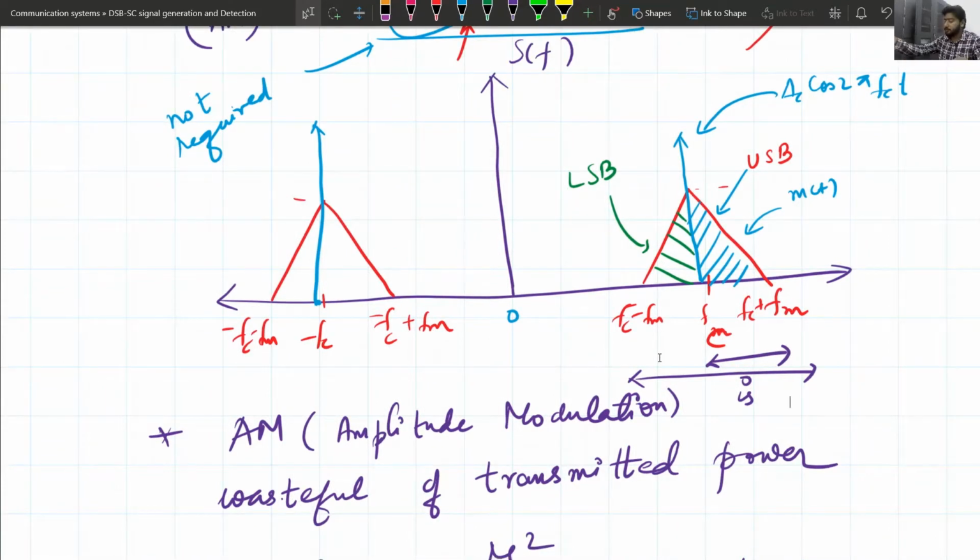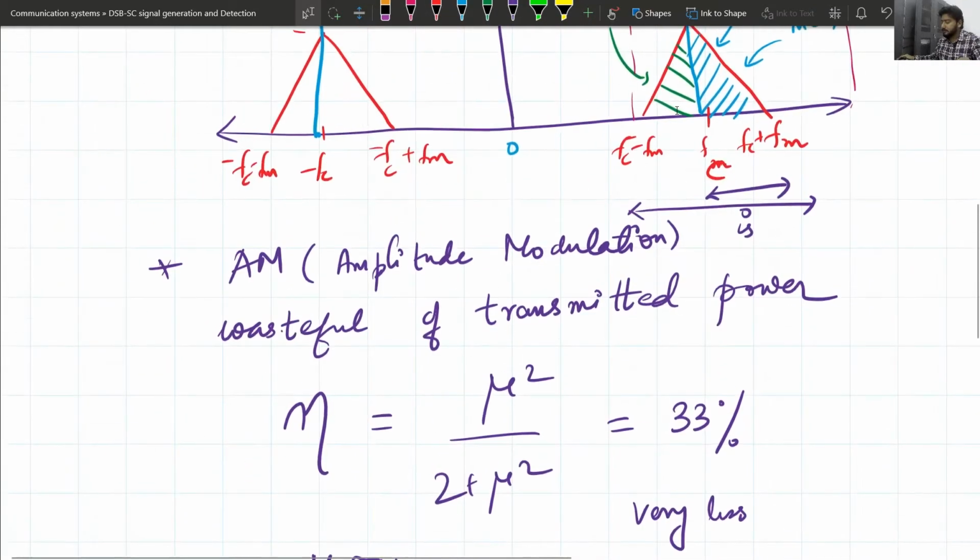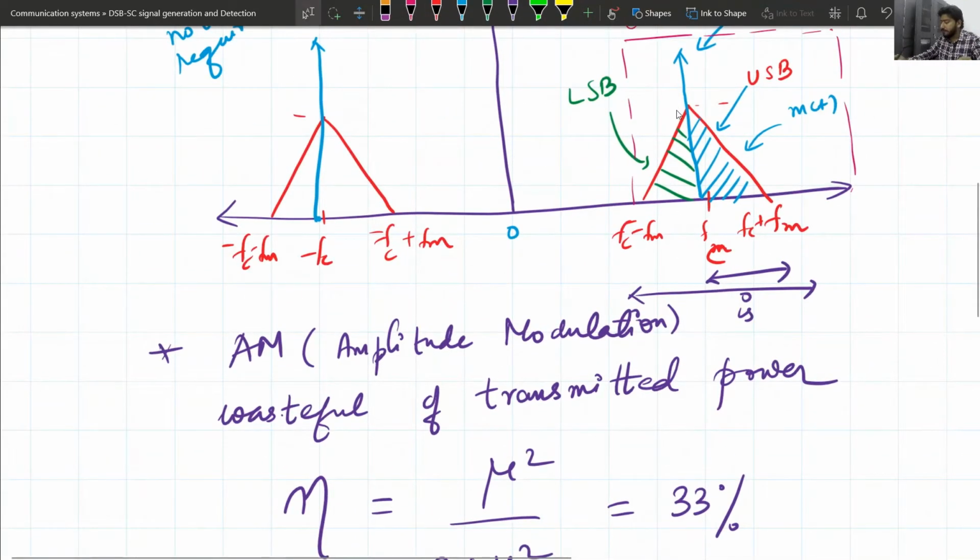If we want to obtain the message signal, we have to apply a band pass filter whose bandwidth must be 2 times the maximum frequency contained in the message signal.